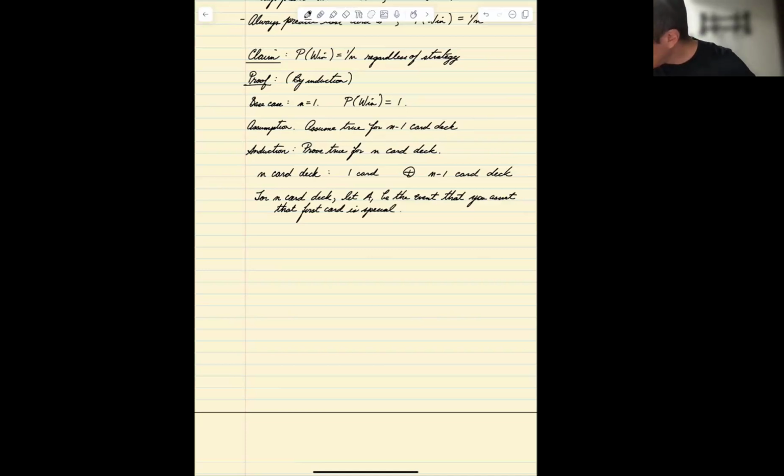Let S1 be the event that the first card is special.